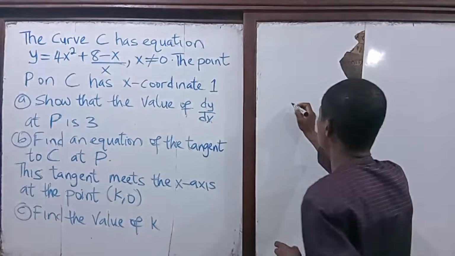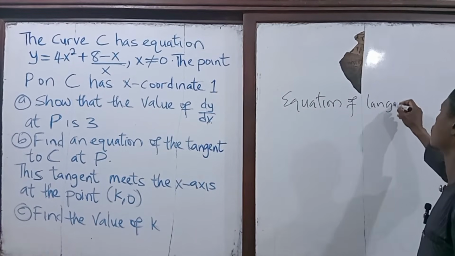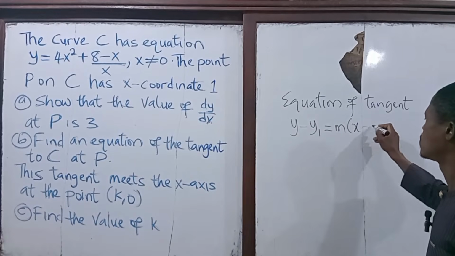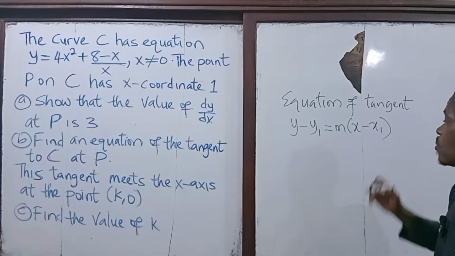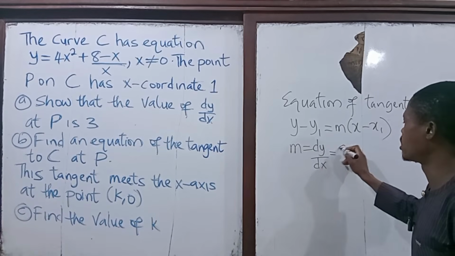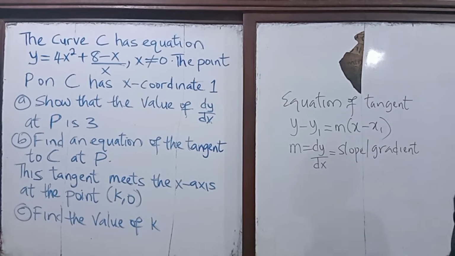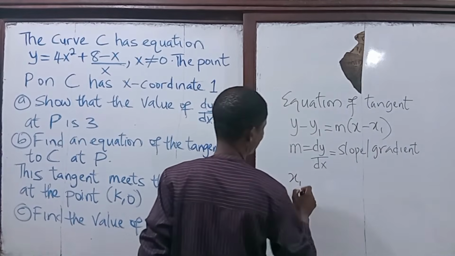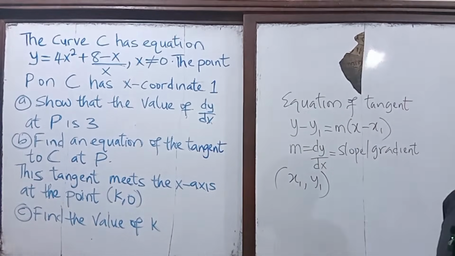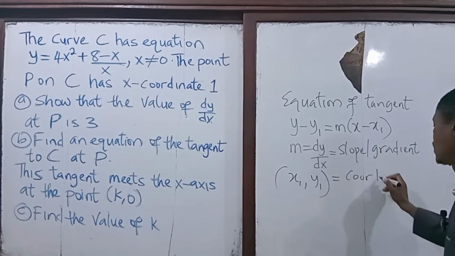The equation of tangent is this, where m is dy/dx, the slope or the gradient, and x1, y1 is a coordinate point.